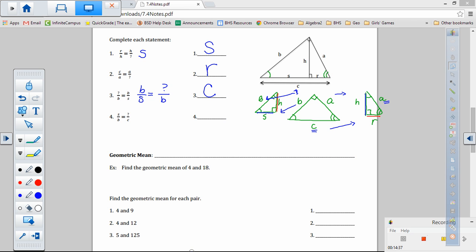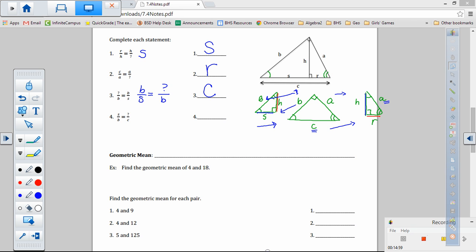And then the last one, S is to B. So now we're going in this direction. S is to B as C is to what? All right, so this is going to be a really tough one.